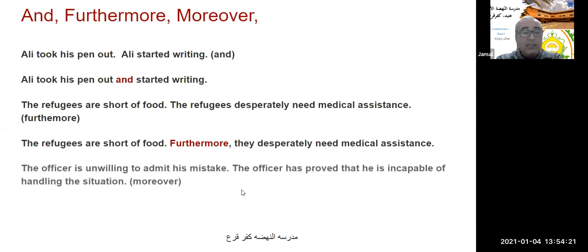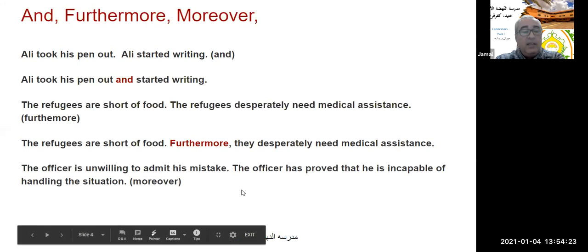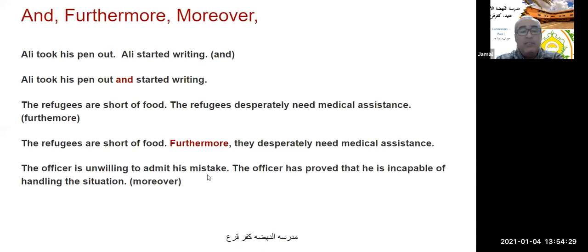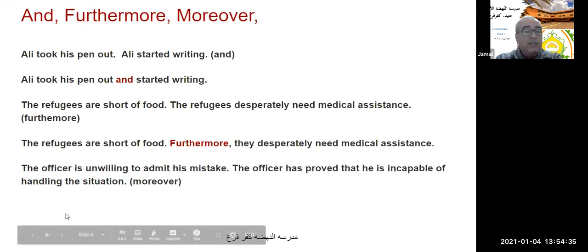Good. Let's look at the third example here. The officer is unwilling to admit his mistake. The officer has proved that he is incapable of handling the situation.